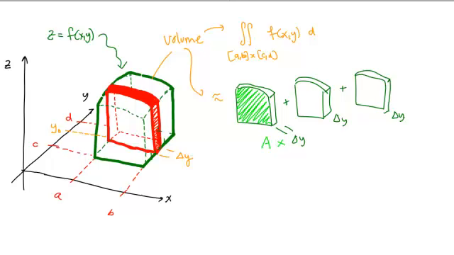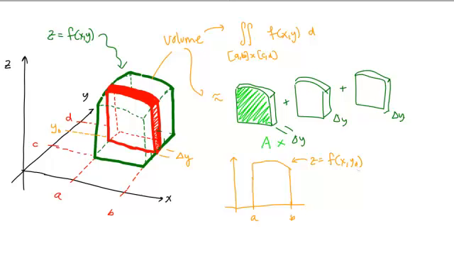Well, let me look at it straight down the y-axis. So what I would see here is I would see A and B on the x-axis. I would see a flat bottom, 2 flat sides, and then a curved top. The equation of this curved top would be z is equal to f of x, y0.